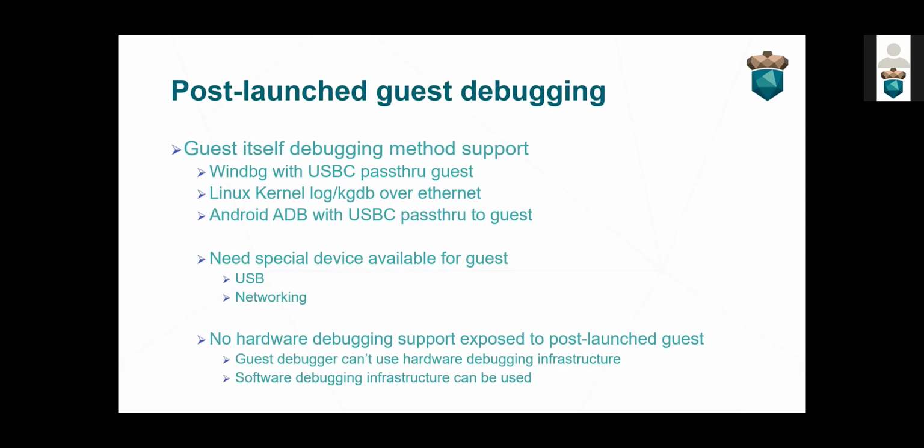Like if you're running a post-launch Windows, the Windows debug over a USB connection is available. You could use that, but that requires the USB controller to be passed through to Windows. And also the kernel logs, and KGDB over Ethernet, are also available to debug a post-launch Linux guest.